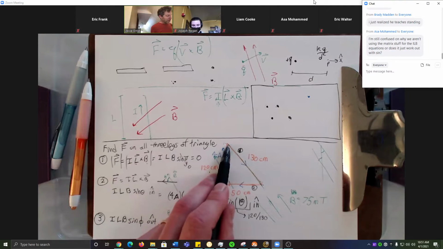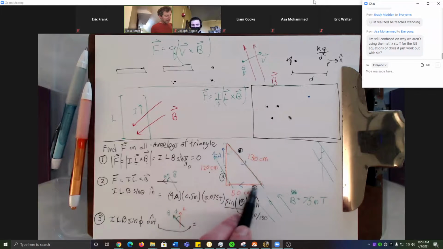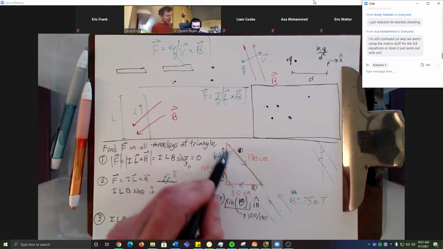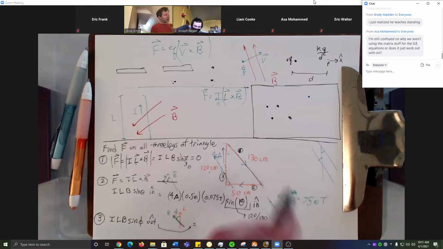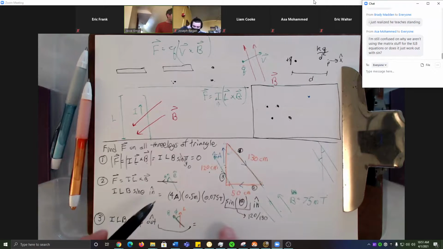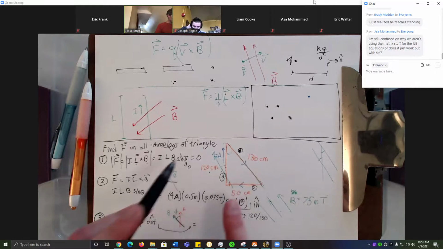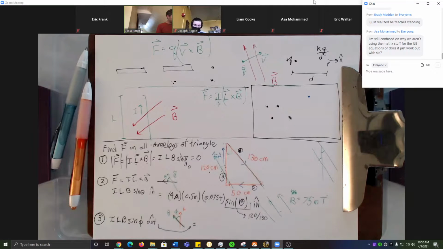You'd break the L vector into x hat, minus 0.5 x hat, and then B, which is going at this angle, you'd break into an x and a y component, a negative x component and a positive y component. You could just crank through the cross product that way and get the same thing. I think it's a little harder in this problem, and there's one other reason I want to do it this way, which you'll see in a second.